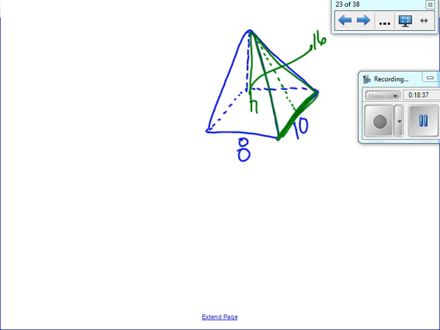I'm going to create my little right angle triangle up here. So this down here is 16. This is the bottom of my little triangle, and I'm trying to find the slant height out here, so I'm going to call that S2.